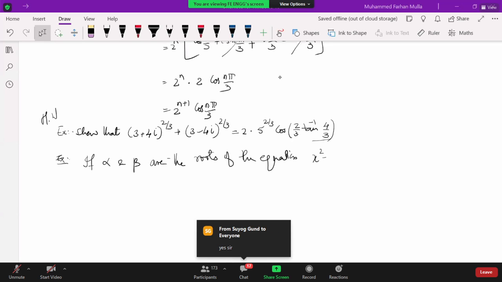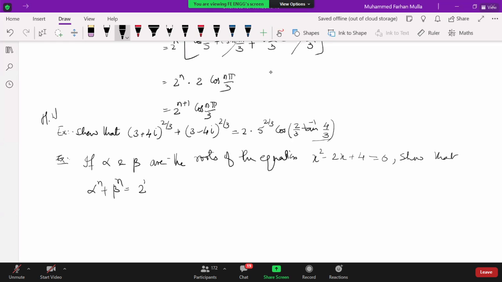Okay, good. So if alpha and beta are the roots of the equation x square minus 2x plus 4 equal to 0, show that alpha raised to n plus beta raised to n equals 2 to the power of n plus 1 cos nπ/3.